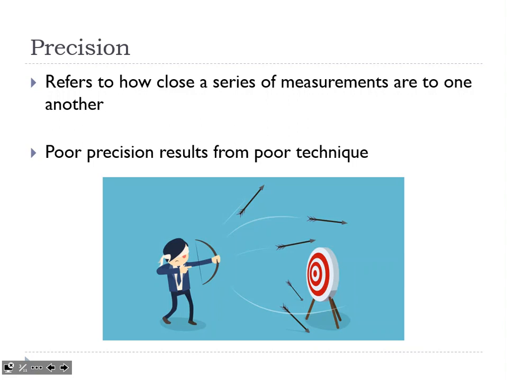That's poor technique. You need to get down to eye level with the meniscus and estimate that last digit very carefully. That would help prevent poor precision, where you're getting data points that are all over the place. Okay?